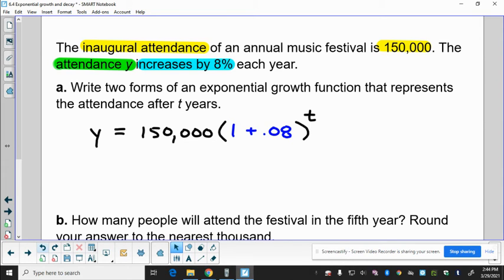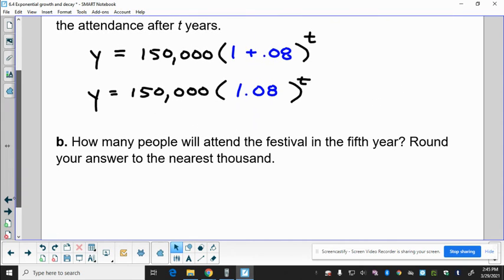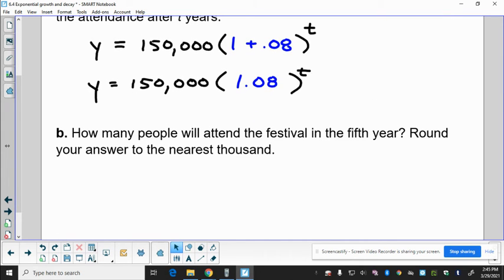Now, the other form that would work would be almost identical in appearance. And it is identical with respect to the way you calculate it. So what I'm going to do is take that same number and just add them together. It's the same thing. So the next question then is, how many people will attend the festival in the 5th year?